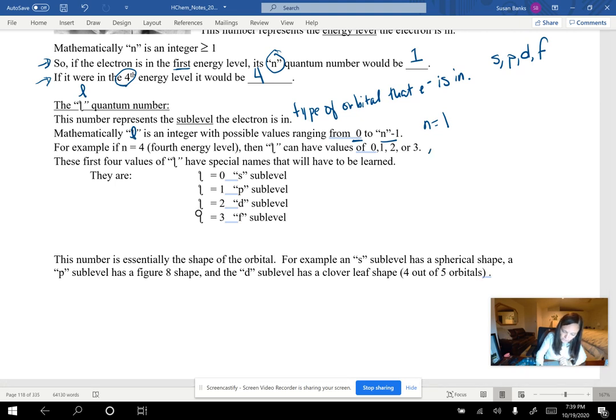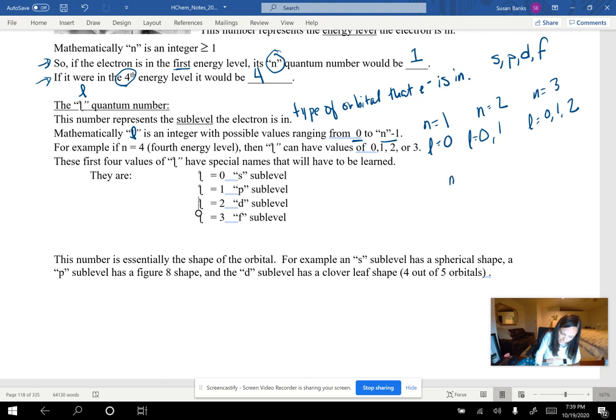So if n is 1, L can only be 0. If n is 2, I will have 0 and n minus 1, so 2 minus 1 is 1. So I will have L values of 0 and positive 1. If n equals 3, I will have L values of 0, 1, and 2.